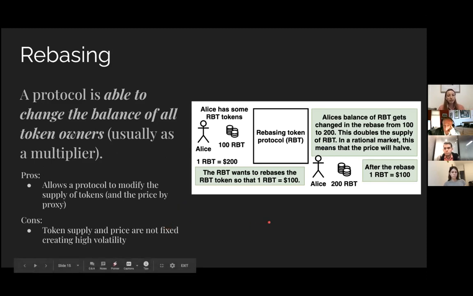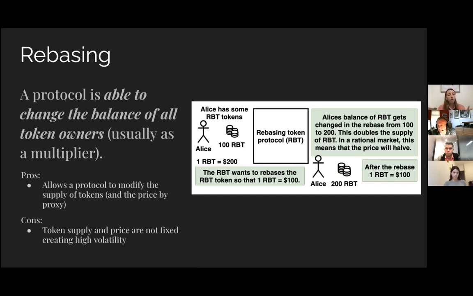So what this means is if Alice has 100 of these rebasing tokens, and these tokens are currently worth $200. And the rebasing team wants to rebase it so that one token is equal to $100, so half the current price, right? So what will happen is Alice's balance will go from 100 RBTs to 200 RBTs. So they just double the supply in order to halve the price, right?